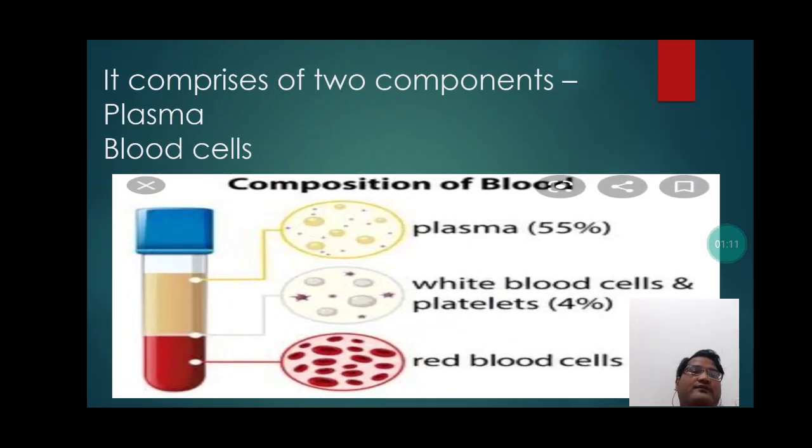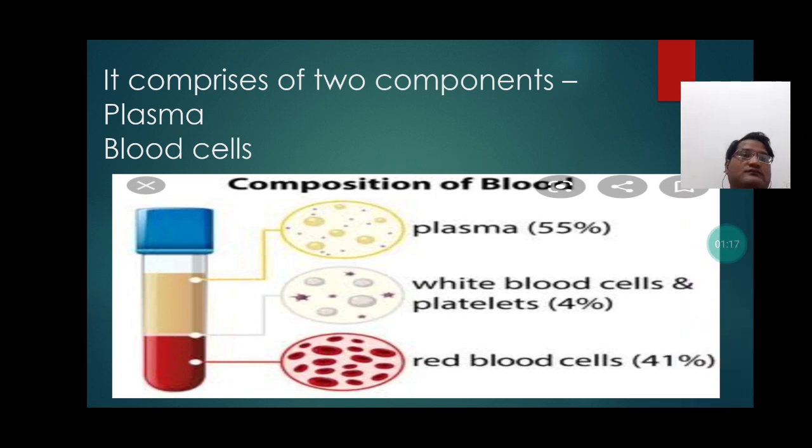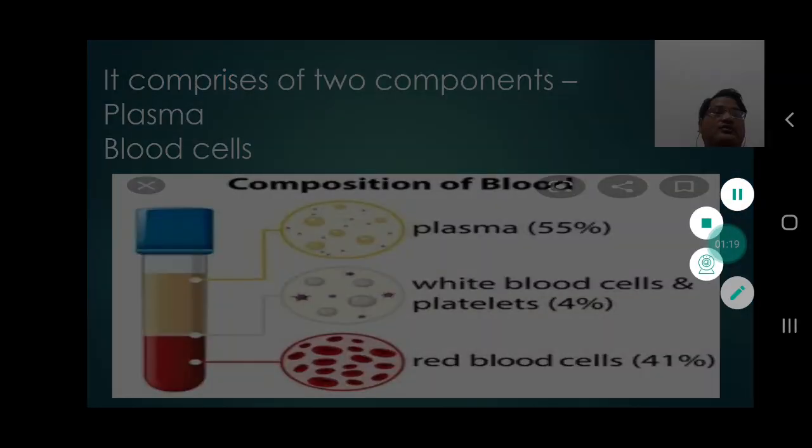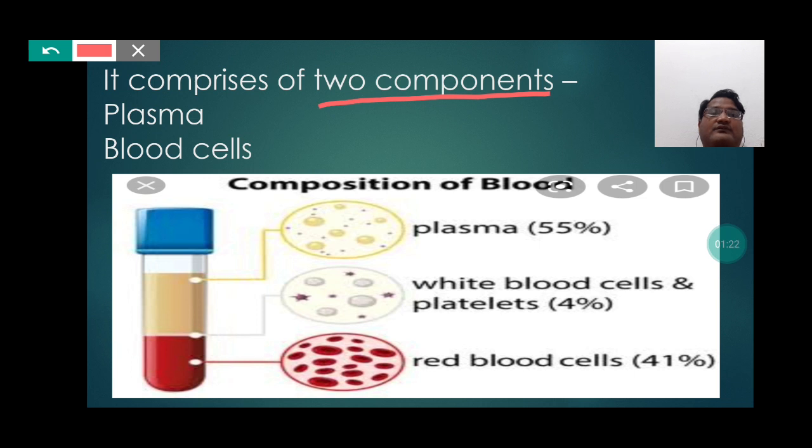It comprises two components, plasma and blood cells. So students, the two most important components of the blood are plasma and blood cells.